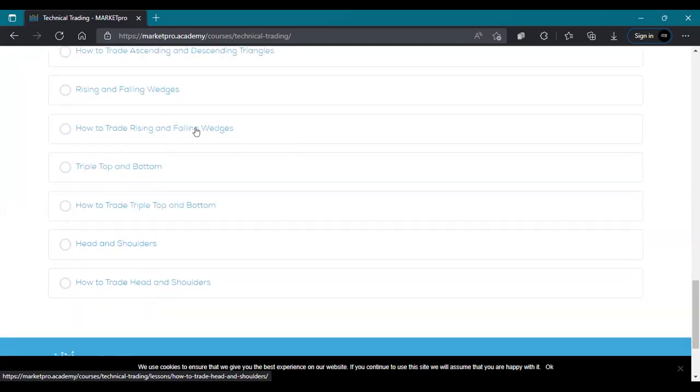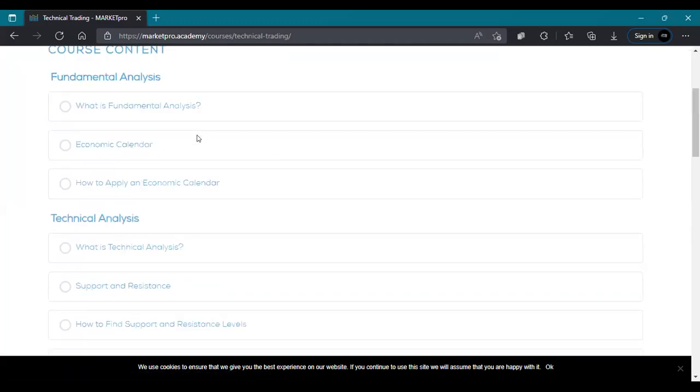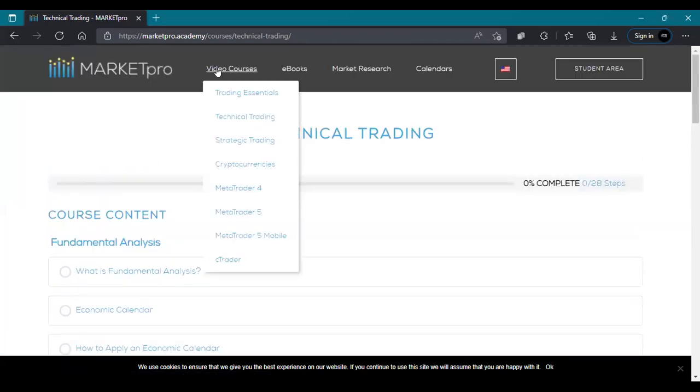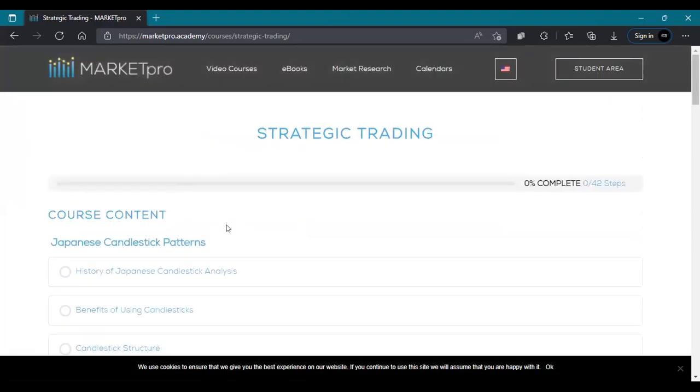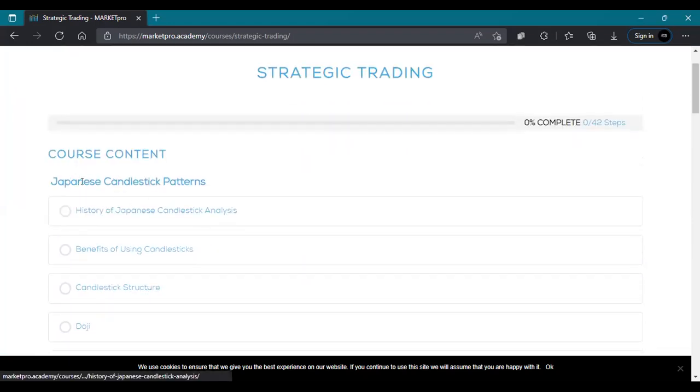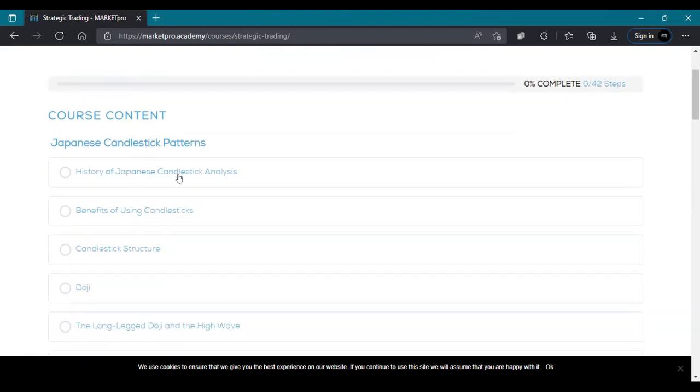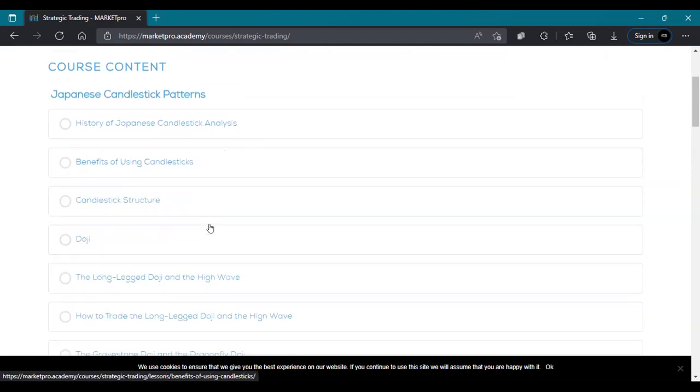So once you're done with the technical trading aspect, right, the next place you want to go over is what? Strategic trading. Now, you'll be learning about strategies here, right? So if you're the type of person that loves to trade with candlesticks, right, you're going to be identifying different types of candlesticks and how to trade them as well, right?